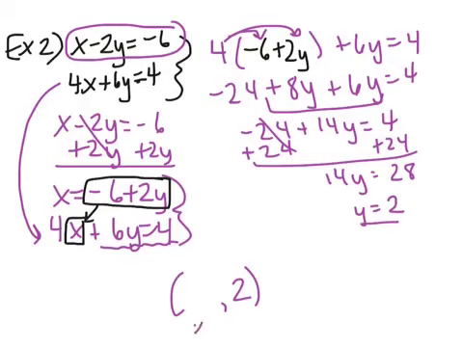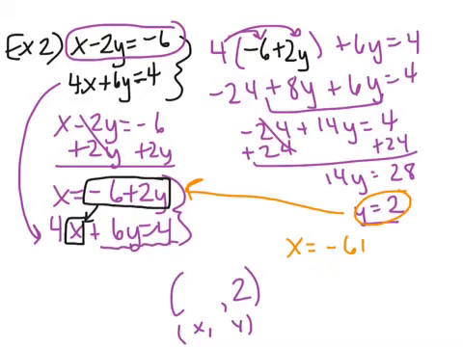Remember, an ordered pair goes x comma y, so the second part of my answer is 2. Now that I have what y equals, I have to figure out what x equals. I'm going to look at my equation that has x by itself, and I can take my y value and plug it in. So if I'm working with x equals negative 6 plus 2y, I know that my y value is 2.